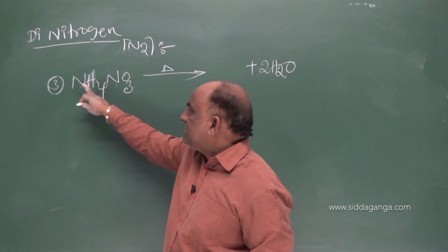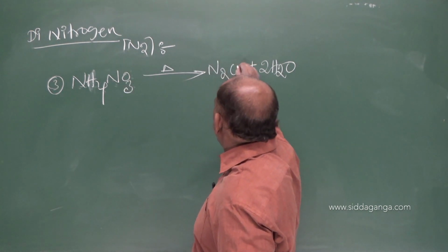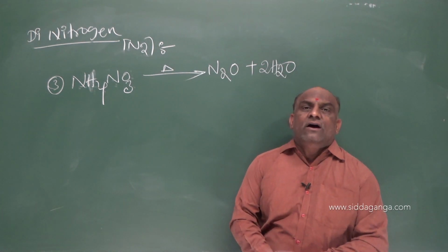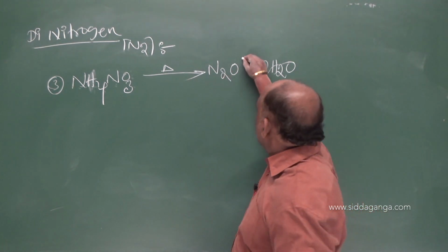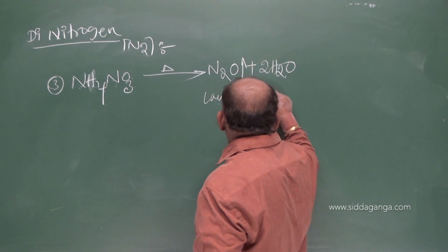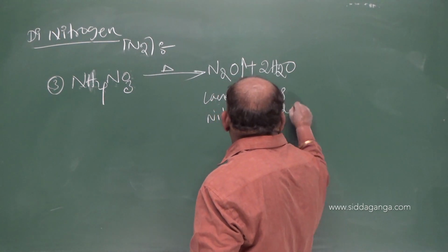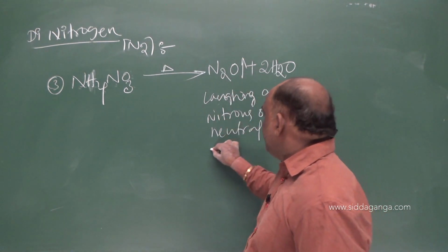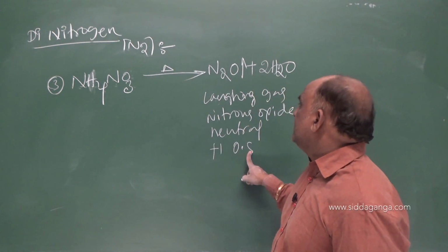What will be the remaining part? N2O. N2O is known as nitrous oxide, also called laughing gas. It is a neutral oxide, and in it nitrogen has an oxidation number of +1.